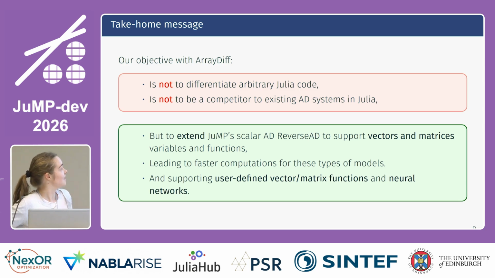The goal was simply to extend JuMP's scalar reverse AD to support vectors and matrices, so that you can have faster computations in the case you have functions or variables which are vectors or matrices. And we support user-defined vector and matrix functions and embedding of neural networks.